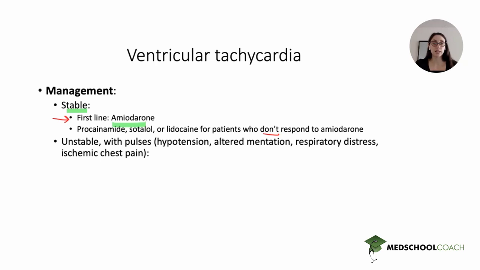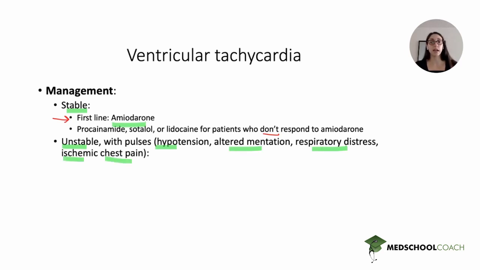If patients are unstable, the features that make a patient unstable for the purposes of these arrhythmias and ACLS algorithms are the presence of hypotension, altered mentation, true respiratory distress, so not just a little bit of tachypnea and slightly labored breathing, but true signs of respiratory distress, and the presence of ischemic chest pain.